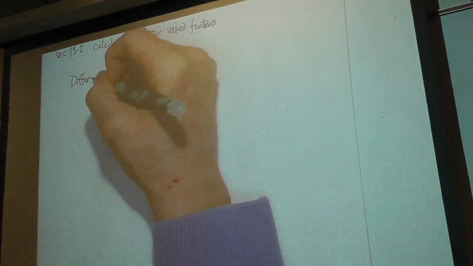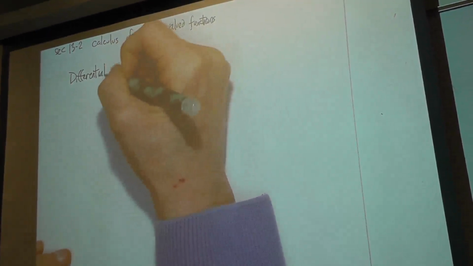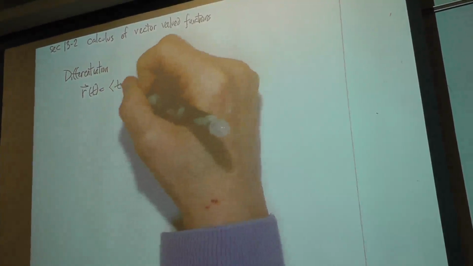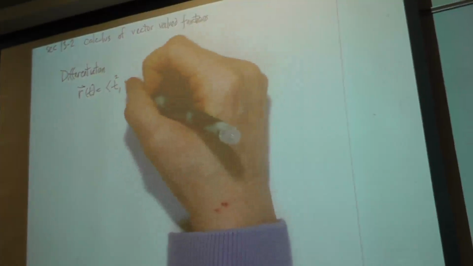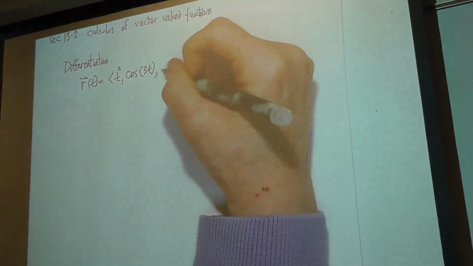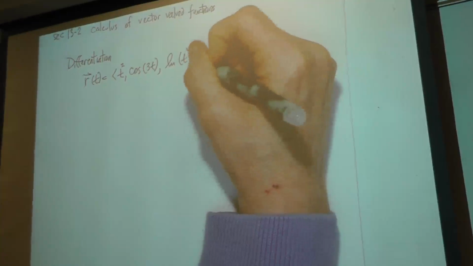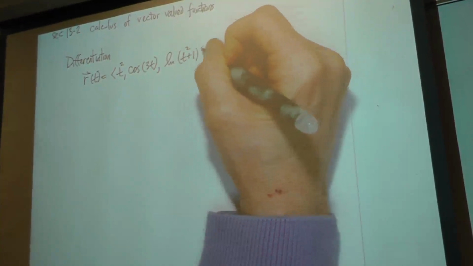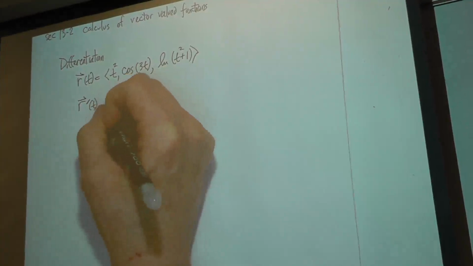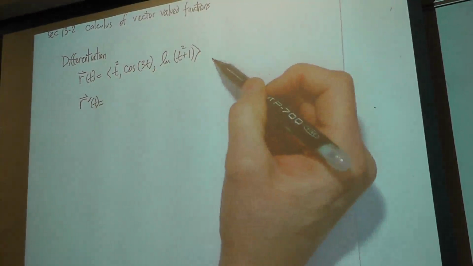None of these are going to be overly difficult to carry out, but if R of t looked like this, then we differentiate its derivative term-wise.